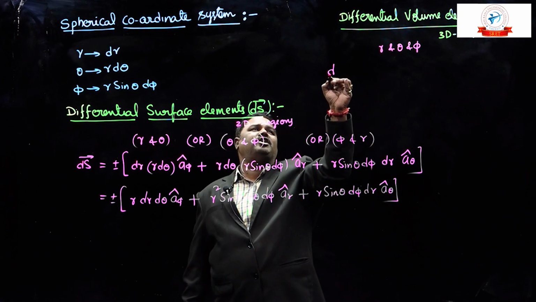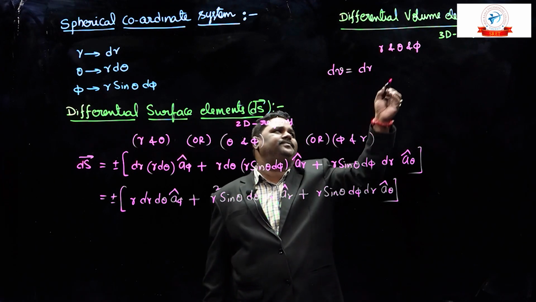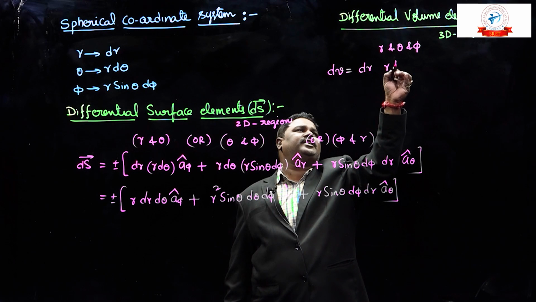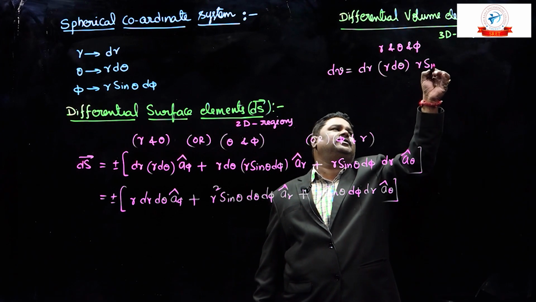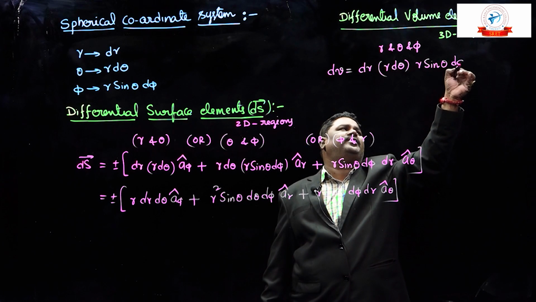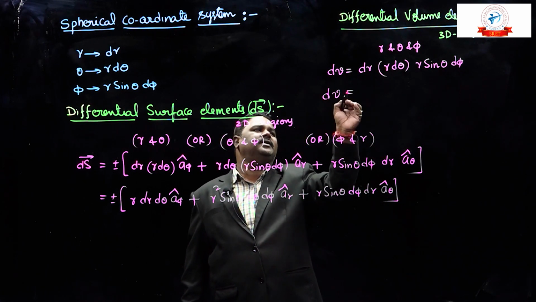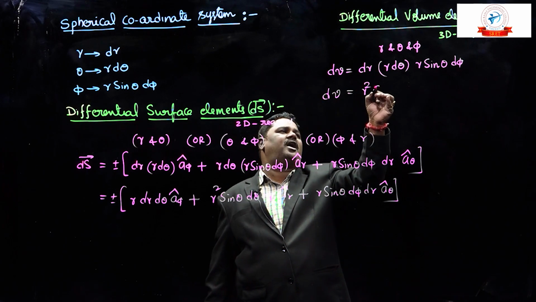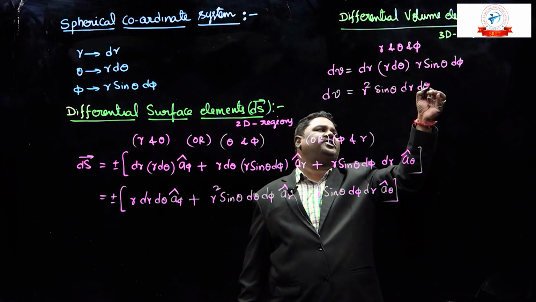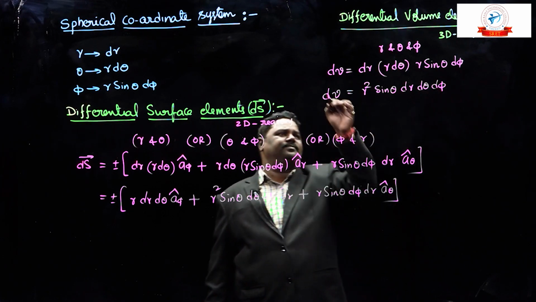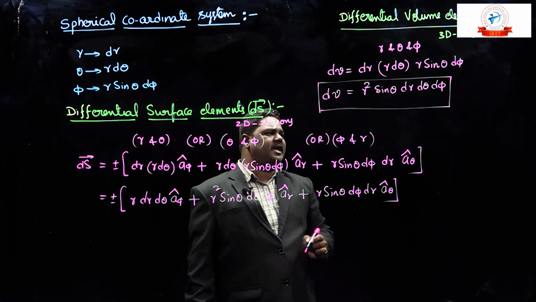So then what is the volume element dV? r will produce a differential length dr. Theta will produce a differential length r d theta. Phi will produce a differential length r sin theta into d phi. So finally the differential volume element in the spherical coordinate system is r square sin theta dr d theta d phi. So this is the differential volume element in the spherical coordinate system.